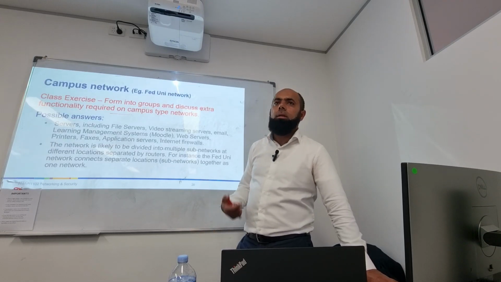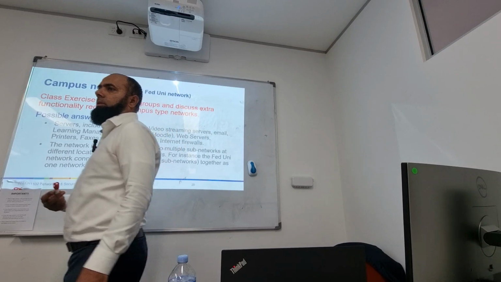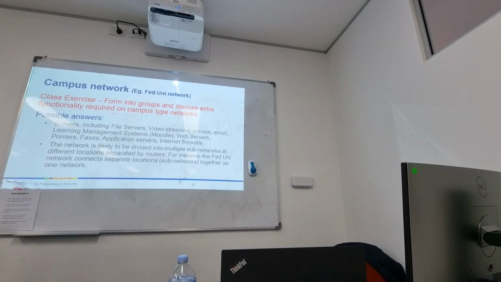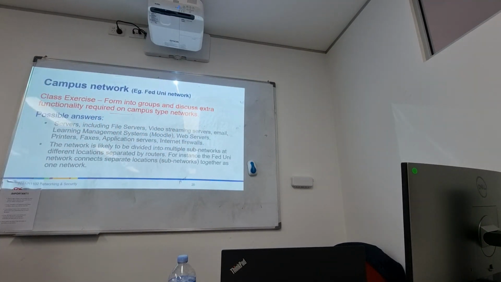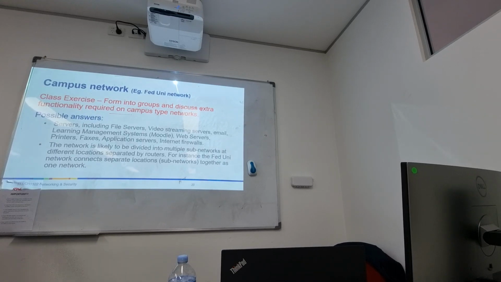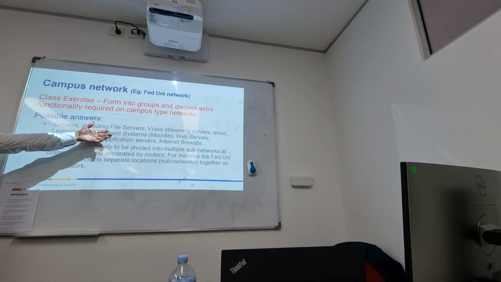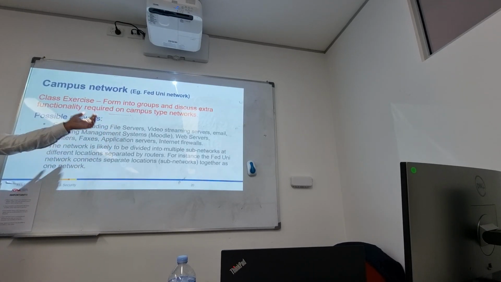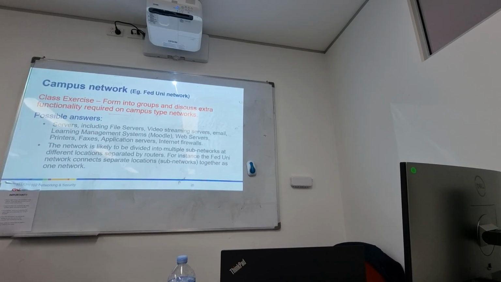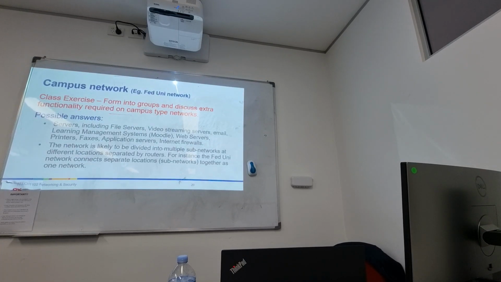Campus network, like the way your Federation University network or ATMC network is, they need more things. They need file servers separately, video server separately, email server separately. Database servers are separate. A server means a separate computer which has the capability to talk with the other things.